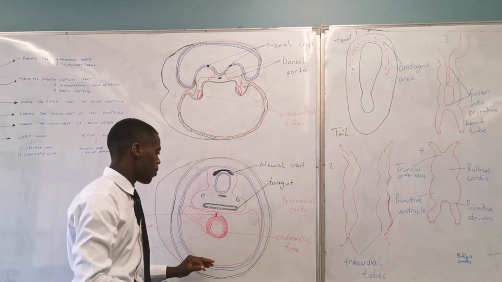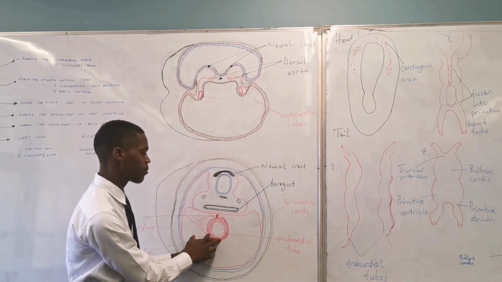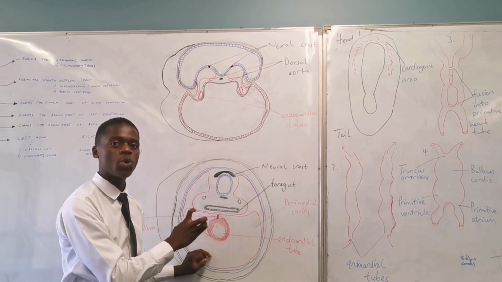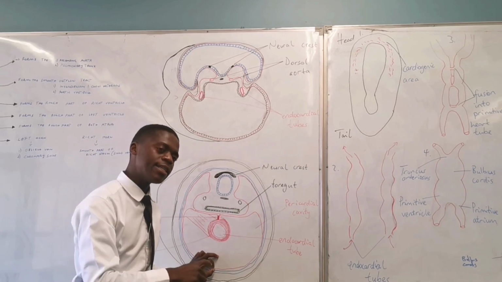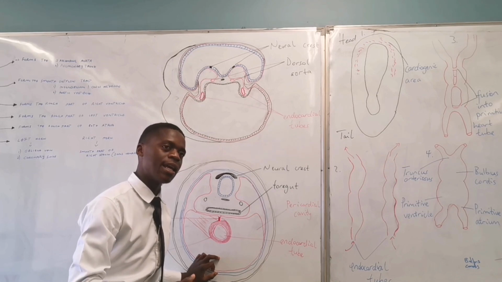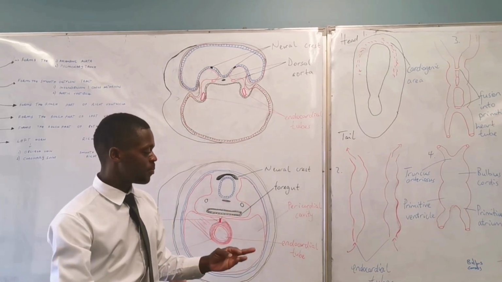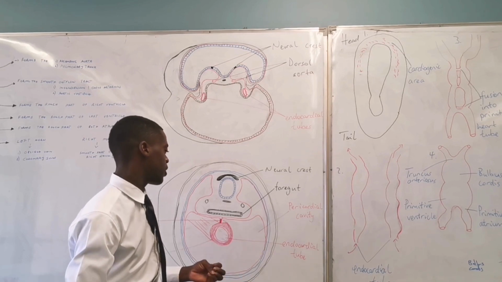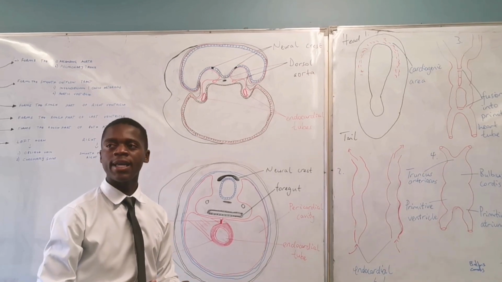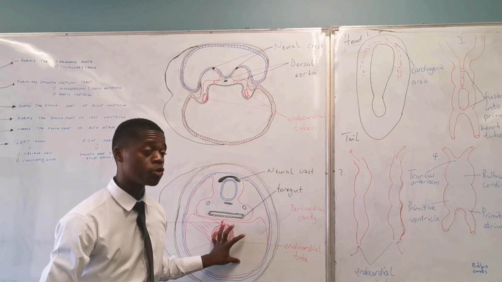Outside the endocardium we have this red layer, which we refer to as the myocardium. This myocardium is responsible for secreting the gel in the heart that we refer to as the cardiac jelly. So we now have two layers.